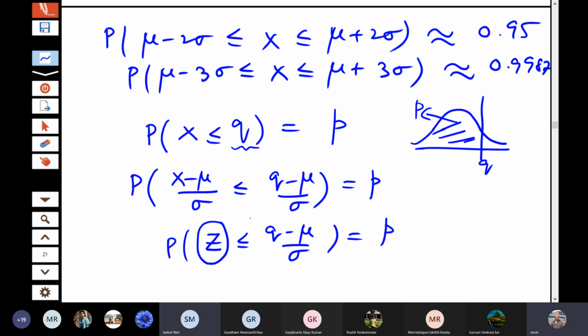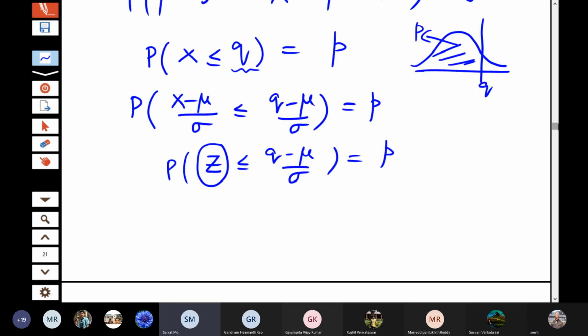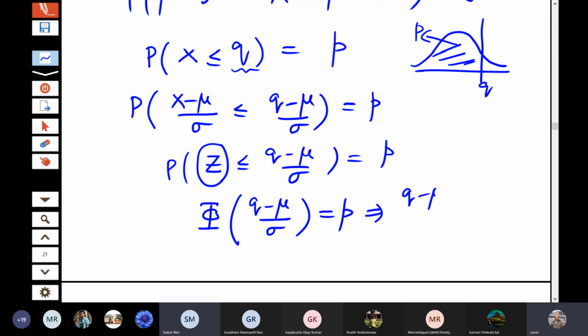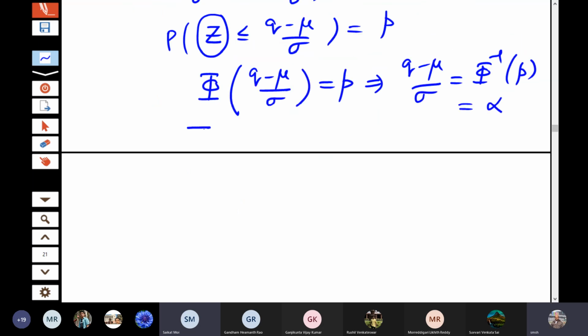The cumulative distribution function of a standard normal is denoted by the phi function. So basically we can say (q minus mu) by sigma is equal to phi inverse of p. I can use some other notation, suppose I use alpha. So basically then this q point is mu plus alpha sigma.